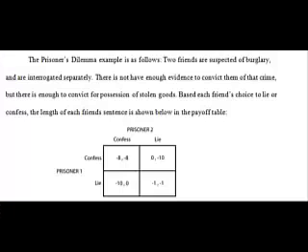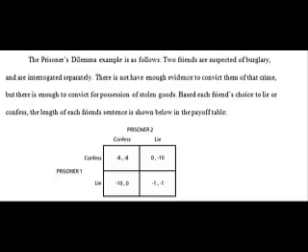As you can see on this screen, the prisoner's dilemma example says that two friends are suspected of burglary because they've been found with stolen goods. They are taken into custody and interrogated separately. There's not enough evidence to convict them of that crime since nobody saw the crime happen.